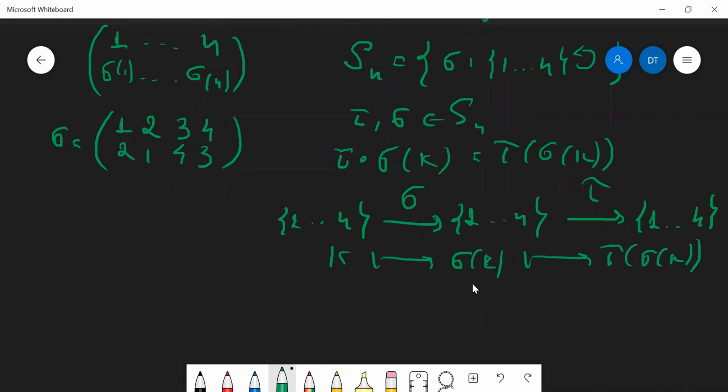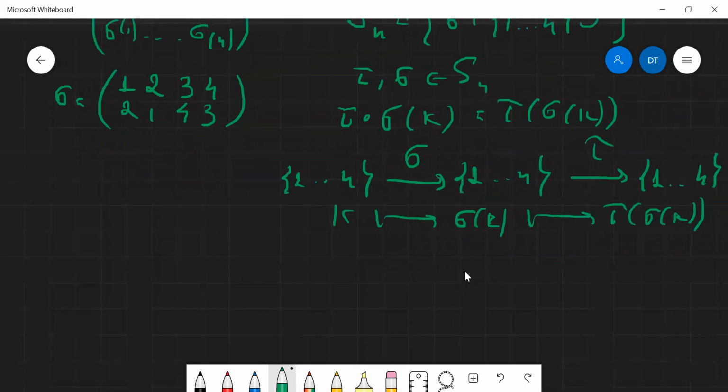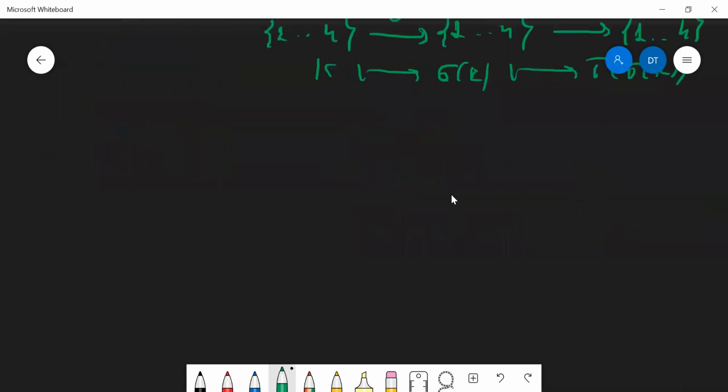So I claim that the set of all permutations on n elements with this operation is a group. Let's verify that. The claim is that Sn with this composition is a group. Who sees that?